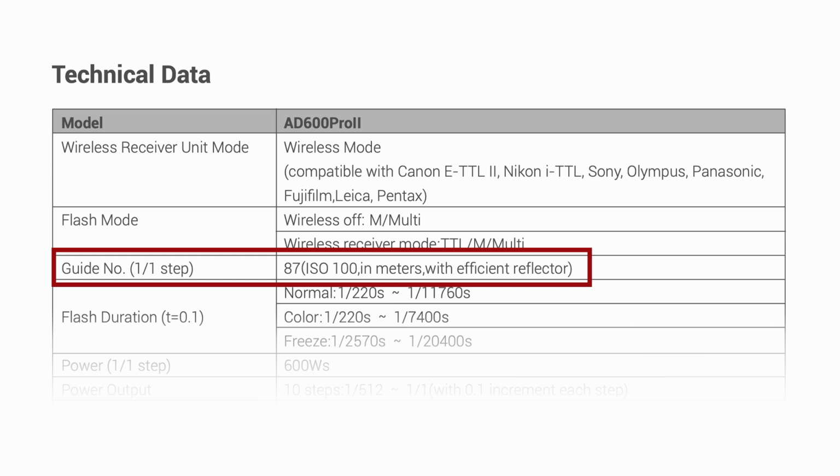Some countries measure distance in feet, yards, and so on. Those units are not used. You should use distance numbers in the unit of meters. And while reporting the guide number, the flash is always operated at full power. At 1/4, 1/8 power, it has a different number, and you could adjust accordingly.